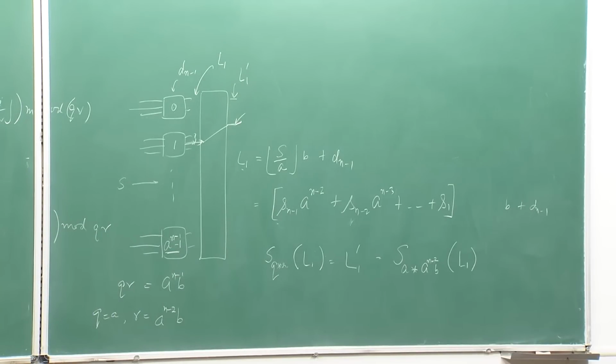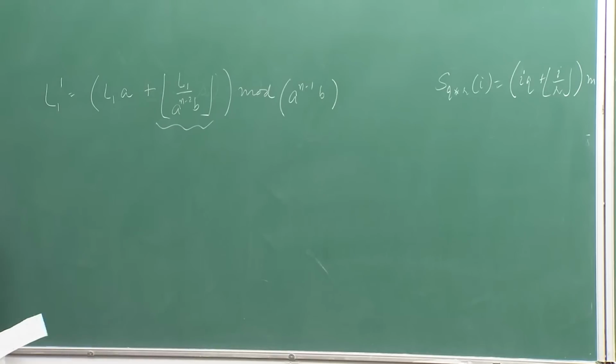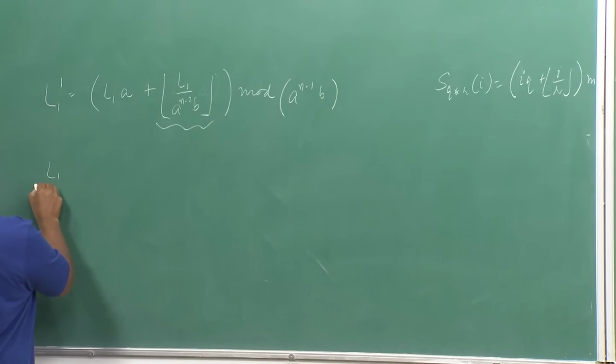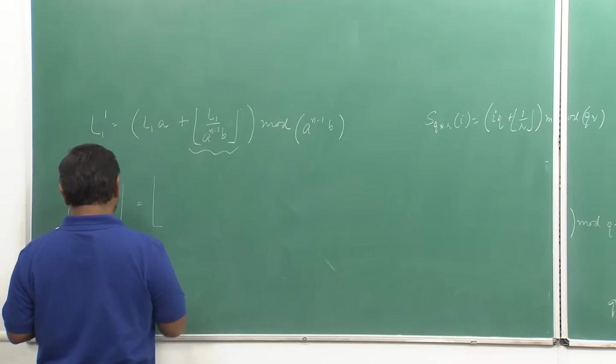So, let us solve one by one. So, let me take this floor function first. What is the value of this? Okay. So, L1 by A raised power n minus 2 B. So, what is this? So, this remains floor function.